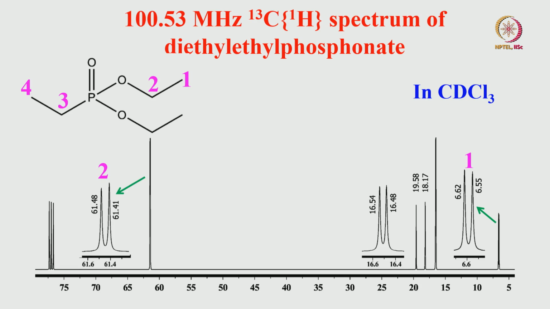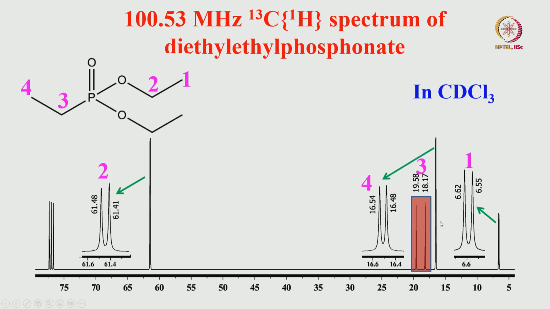Now, this is another one, this is carbon 2, and of course, this is also having a coupling with phosphorus, 2 bond coupling. Look at this one, this is the third one which is directly bonded to phosphorus, carbon 3, which is expanded here, and that splitting is quite larger. You can see this is also a doublet, very easy.